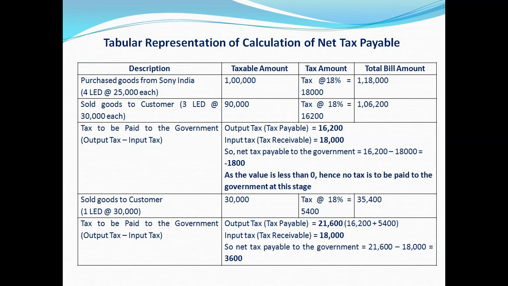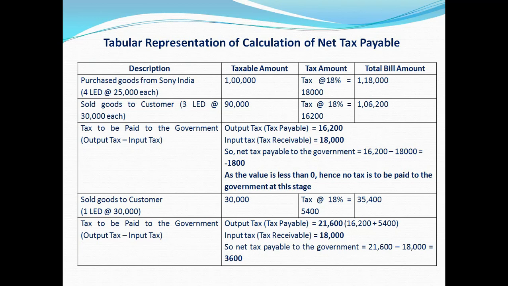At this stage, the company's output tax, that is tax payable, is 16,200 and input tax, that is tax receivable, is 18,000. So net tax payable is output tax minus input tax, 16,200 minus 18,000, which is minus 1,800. As this value is less than 0, no tax is to be paid to the government at this stage.